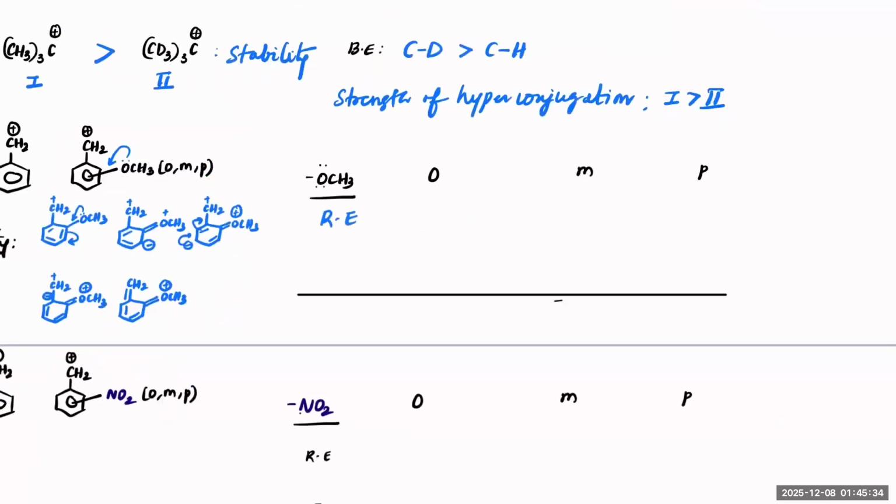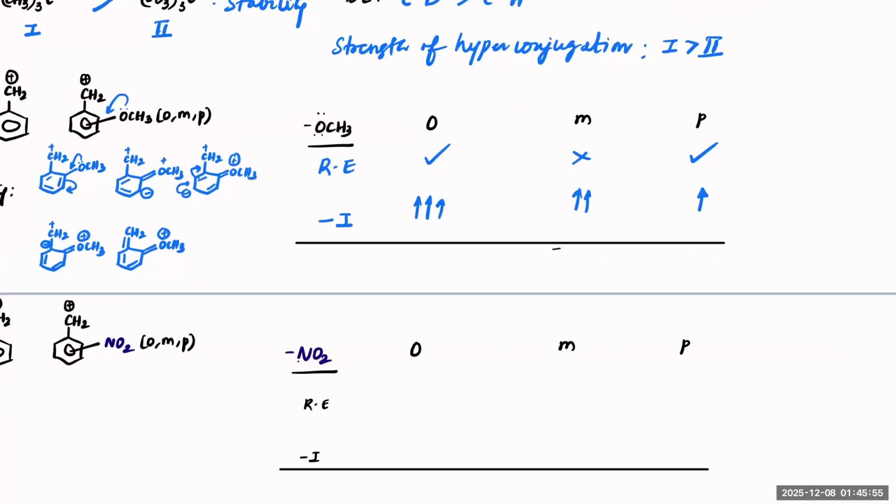That's why resonance energy should always be operable only at the ortho and para positions. Meta position, never apply any resonance; that is not contributing. Next, OCH3 has a minus I effect, and you know that the minus I effect keeps decreasing as the distance grows.